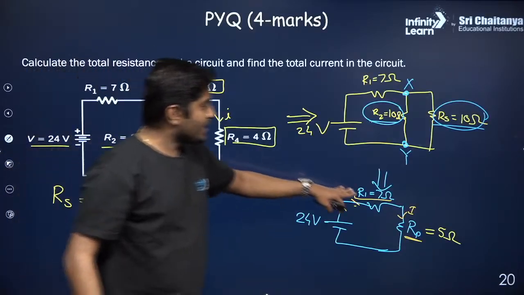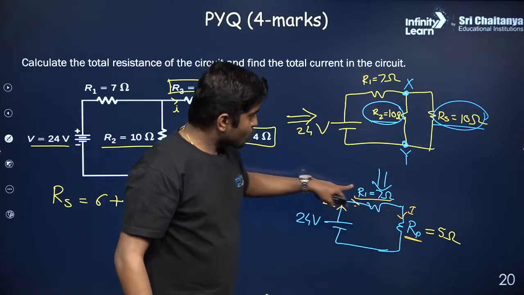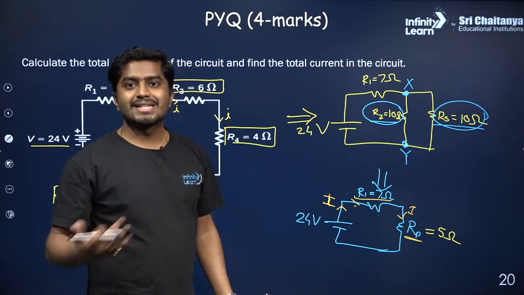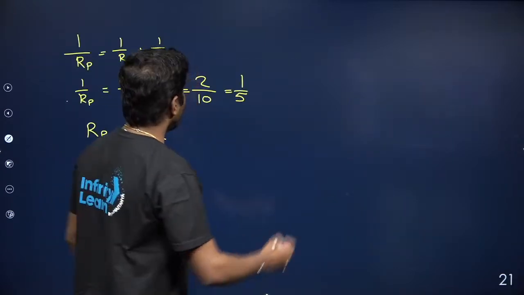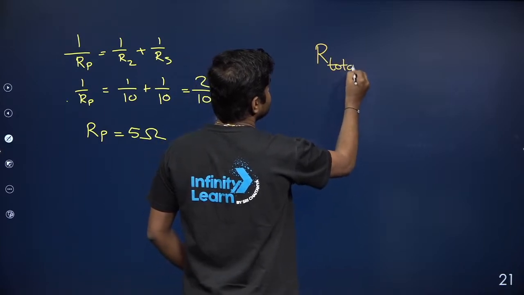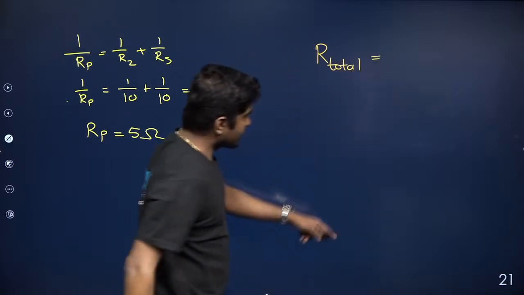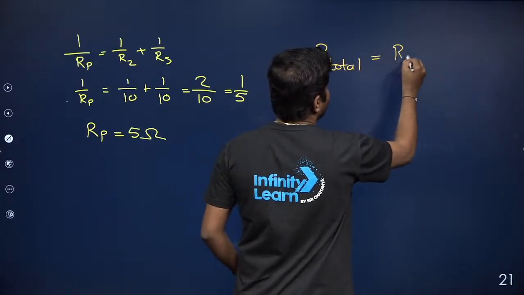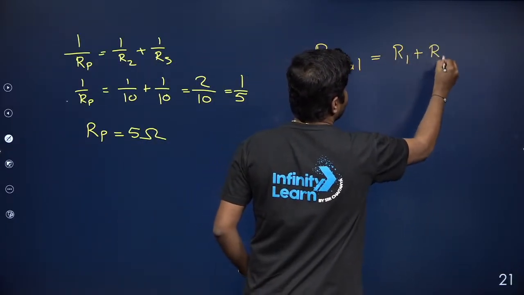So now these are the only resistances left. Whatever resistance value we get, that would be the total resistance value. So I'll write here R total. Resistance would be R1 plus RP.